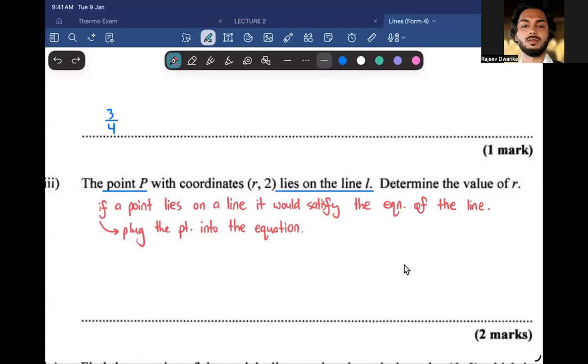I get the vibe that you write very cursively. Sometimes I just write cursive, sometimes I write print. It depends on how I feel. Let me show you how I actually write when I'm doing my work.